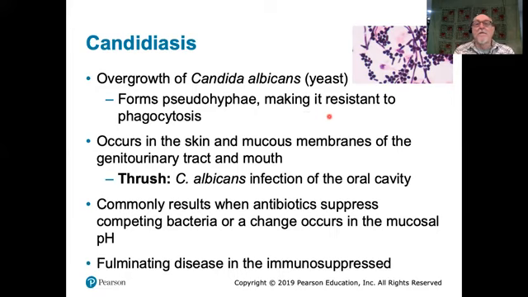Now, if you look in here, this is Candida, and you see how it's hanging together in these strings, clumps and strings. These are called pseudohyphae, and it's actually a way of resisting the attacks by the immune system. It's too large, for example, to be eaten by a macrophage.